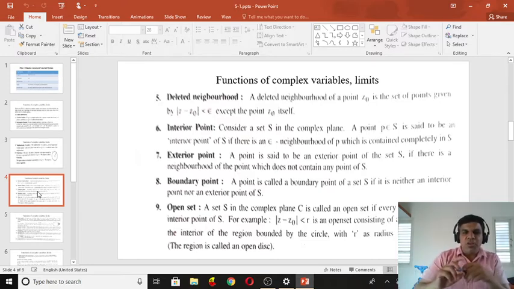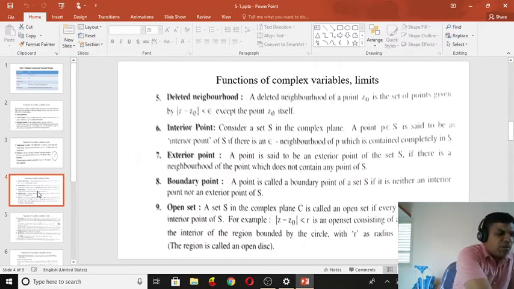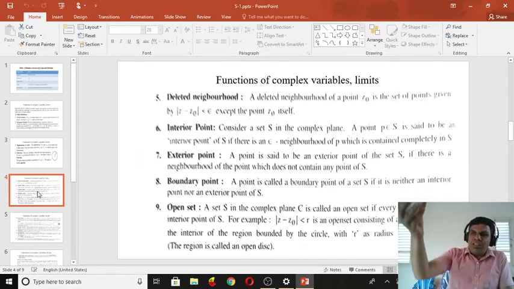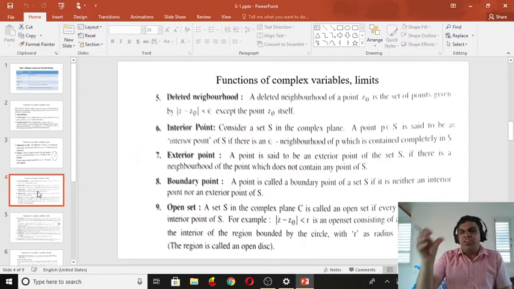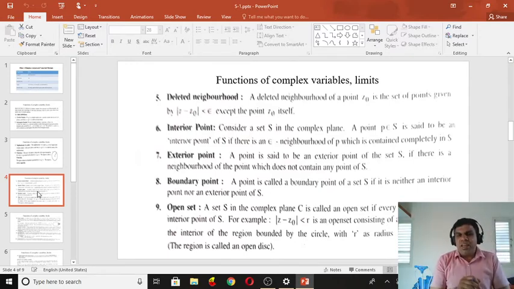Interior. Interior means, suppose we take the set of all points within the circle, I call that S. Consider a set S in the complex plane.